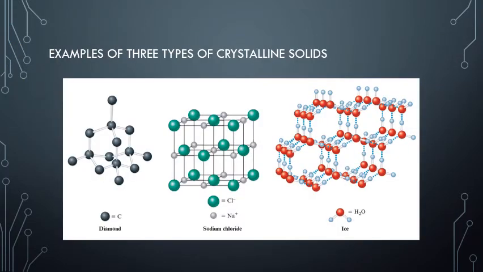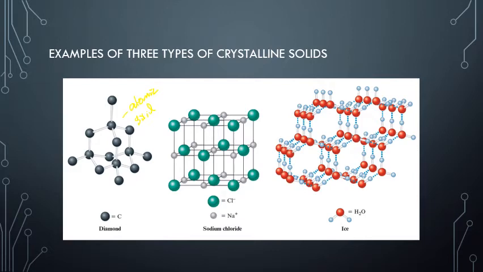So again, I just wanted to give you a couple of examples to look at for some of these different types. The first one here would be an example of the atomic network solid, or covalent network solid. Diamond is an example of that, the hardest structure known to man.